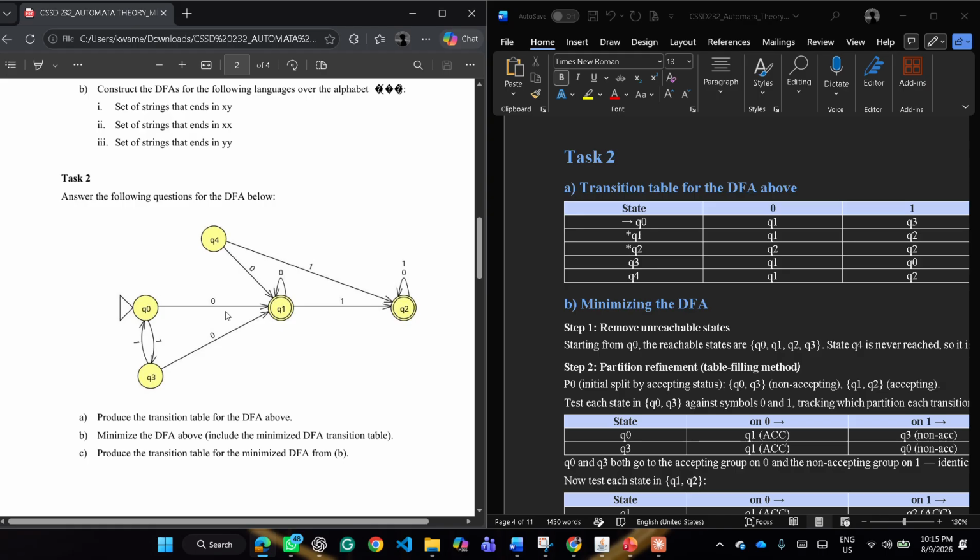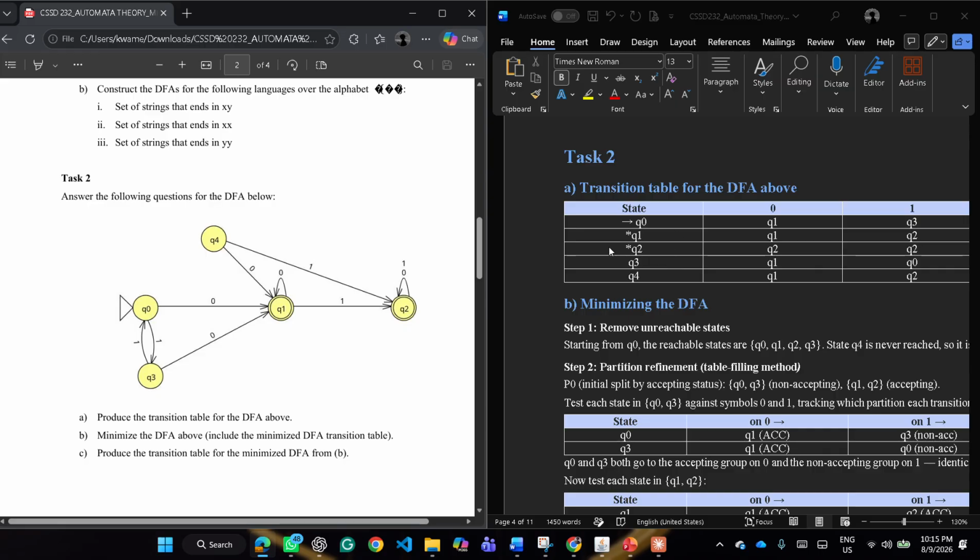Clearly in the diagram you can see that we have two accept states, which are Q1 and Q2, so we use a star to indicate Q1 and another star to indicate Q2. That is what we have done in here. And so the arrow is pointing to Q0, which is our start state. Exactly.